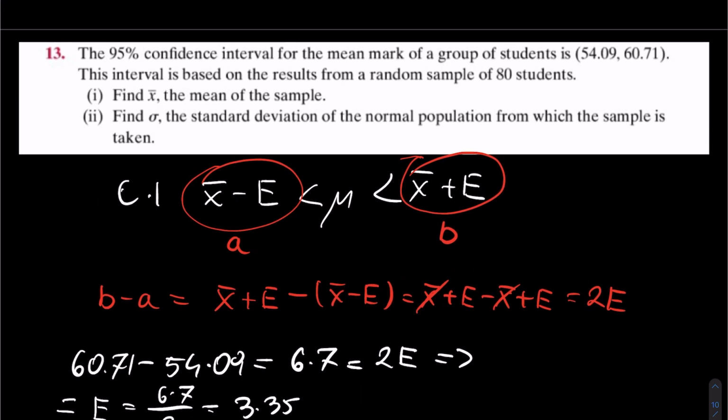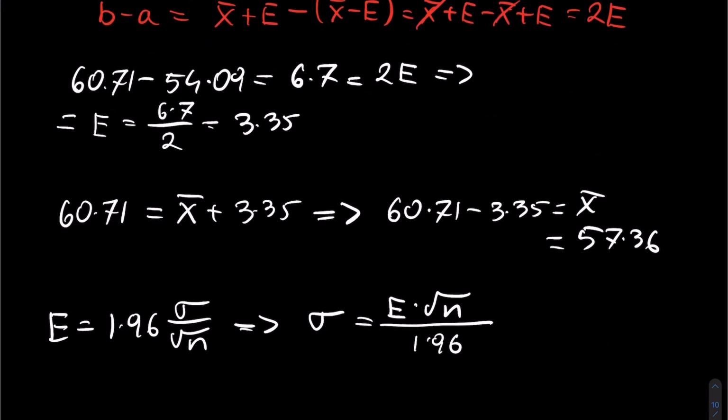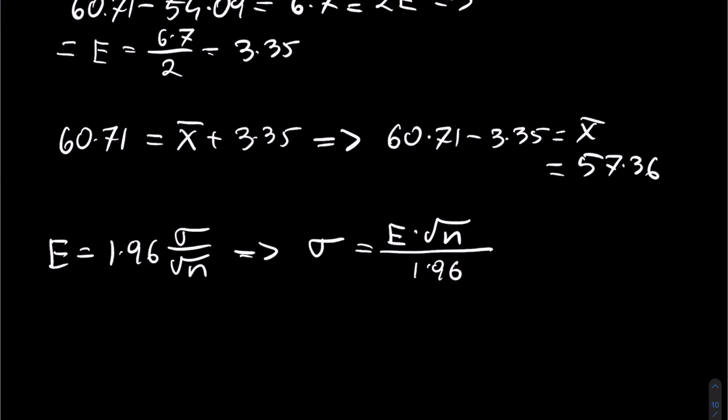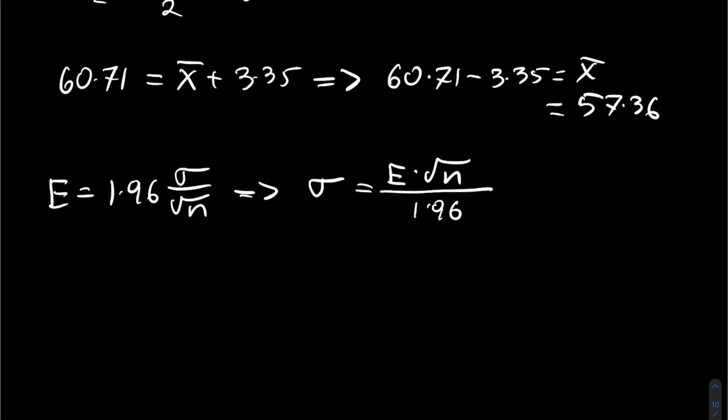The question tells me that the sample size n is 80. So substituting the values into my equation, I get 3.35 multiplied by root of 80 and all that divided by 1.96. That will give me the value of the sample standard deviation.